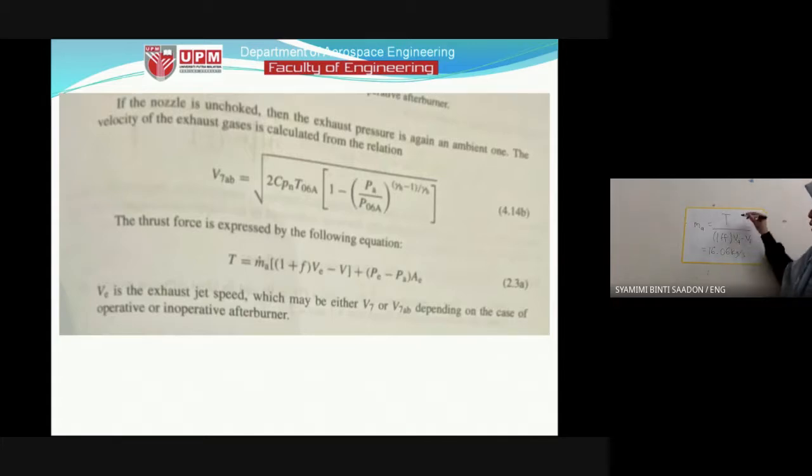This is the 12.12 kilonewton just now, times 1000. Don't forget to change into Newton. This equation you have to change into Newton, don't use kilonewton because this is in SI units. So 1 plus F, V7 is 1044 just now, VF is the 310 cruising speed. So we get the mass flow rate, 16.06 kilogram per second.